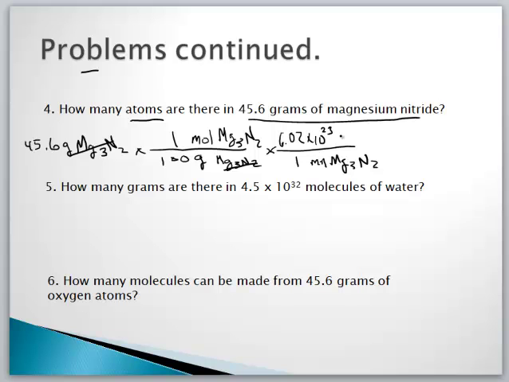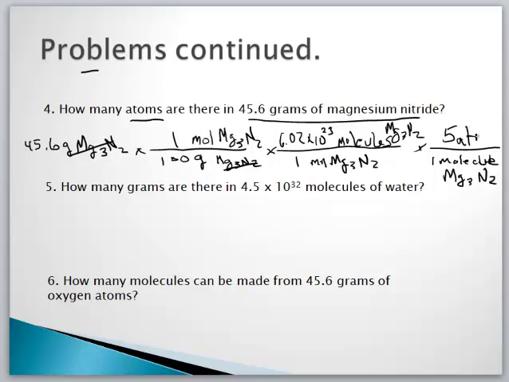Now that's a molecule. Technically it's a formula unit, but we're going to call it a molecule for now. So it's that many molecules of Mg3N2 for every mole, but we want atoms. So we need one more conversion where we're going to say 1 molecule of Mg3N2 contains 5 atoms.